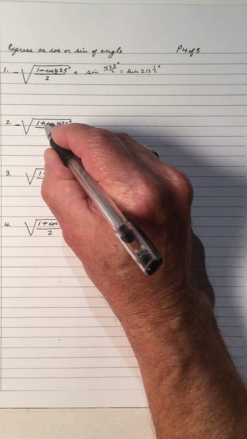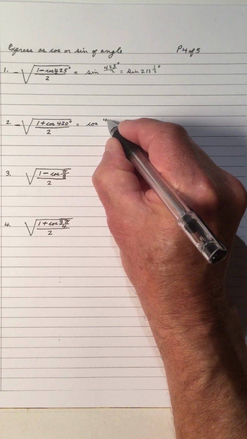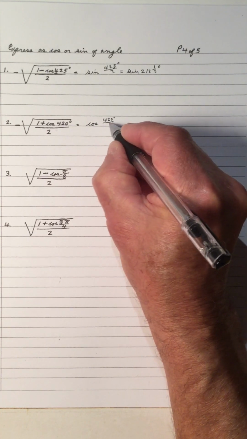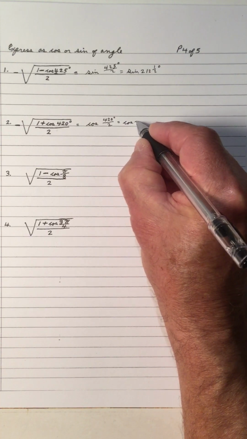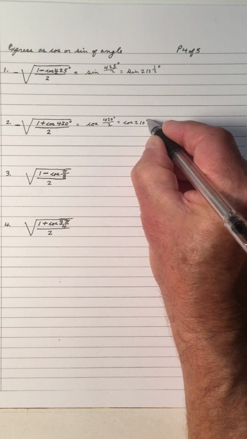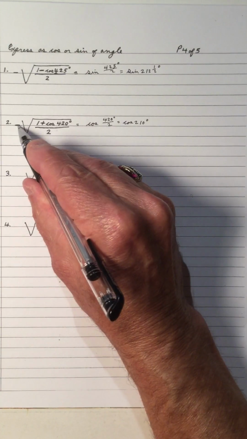And here we have a plus, so this is the cos of 420 divided by 2. So that's the cos of 210. And 210 for cos is in the third quadrant, where it's negative.